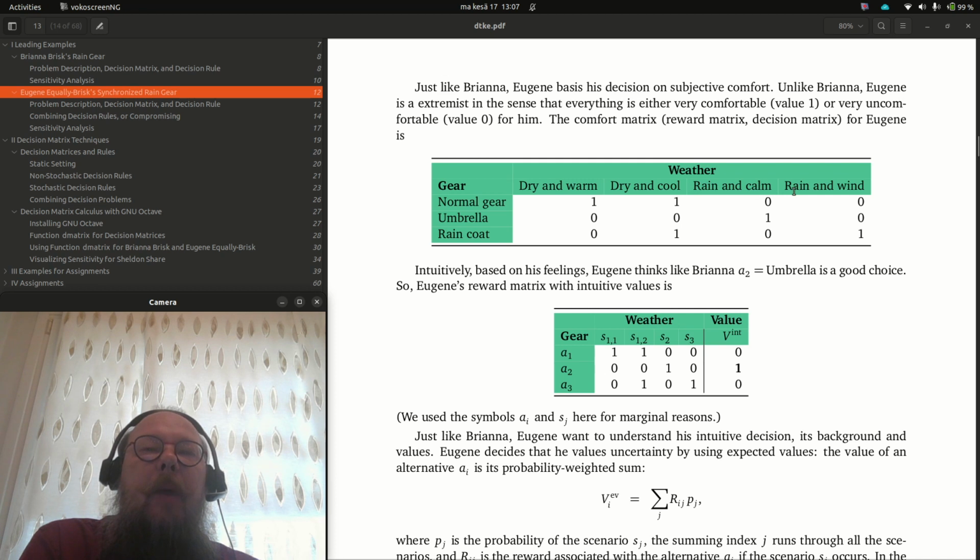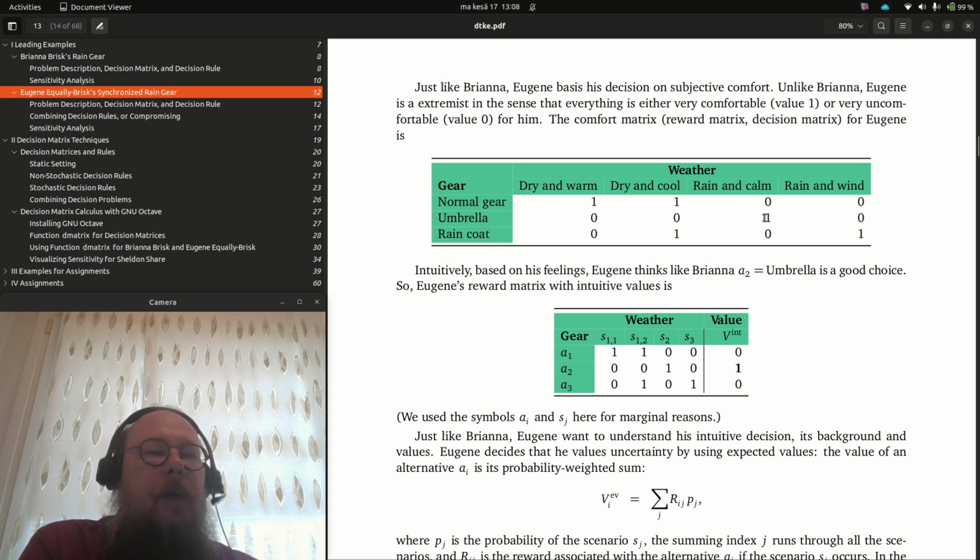Remember, now we have 4 scenarios, and for rainy it's very uncomfortable, so zeros. Umbrella, it's uncomfortable to carry in dry weather, and in the wind it doesn't help, so it's uncomfortable there also. Rain and calm is where it's useful, so then it's very comfortable, so that's number 1.